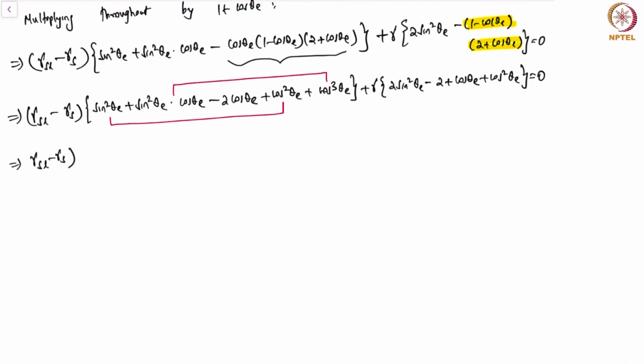So gamma SL minus gamma S, the first two things sort of underlined, it's 1, so that's 1. Then I have sine square theta plus cos square theta, that's again 1. So that again just gives me plus cosine theta. Then finally what's left is just 2 cosine of theta e.